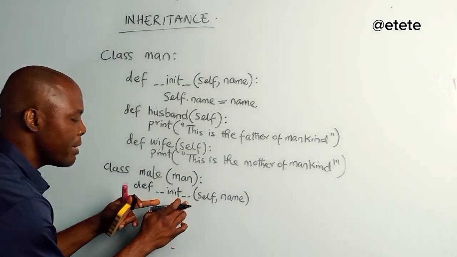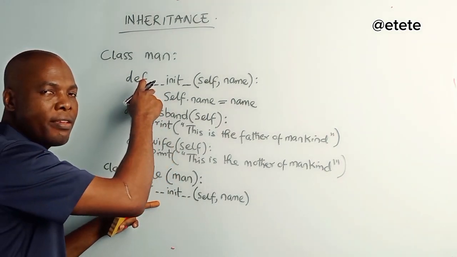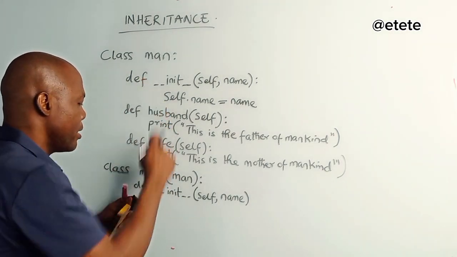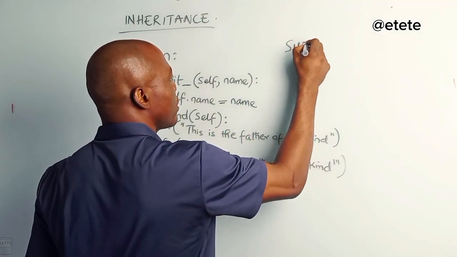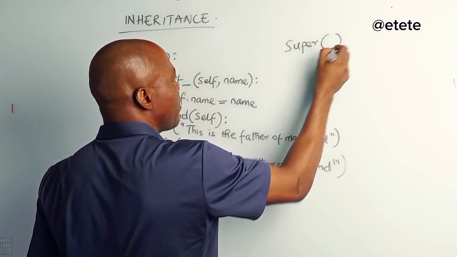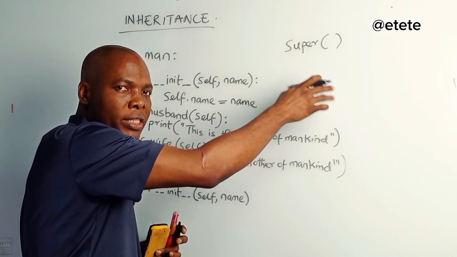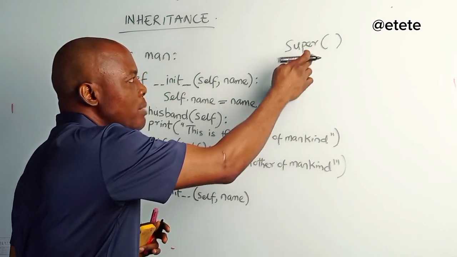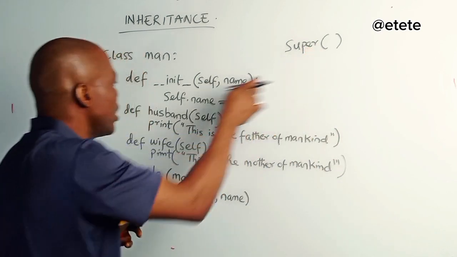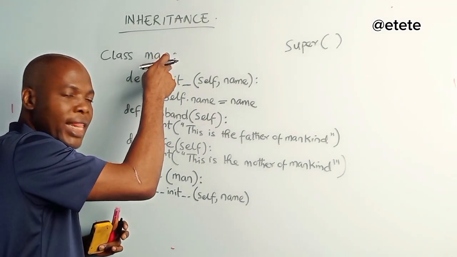Now inside this method, I want to call this init method that is in the parent class. So here I am going to use the super function. This is a built-in function in the Python standard library. So this super function is a built-in function. I'm just going to use it to call my init method that is in the parent class.